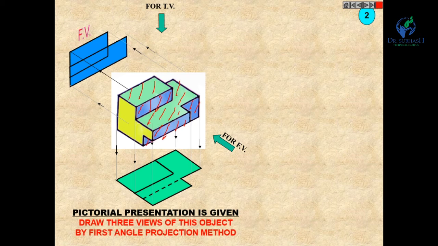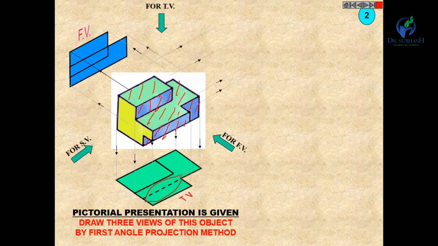The portion below this part is the hidden part that we can't see from the top. So you have to represent these hidden parts by a dash line. That's why the dash line is given here. This is the top view.